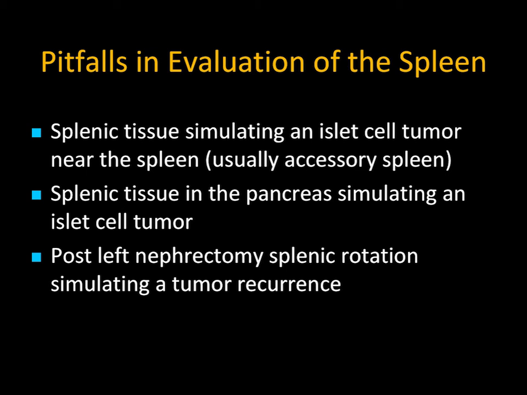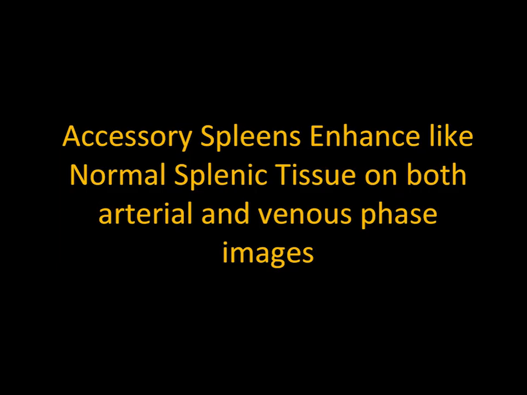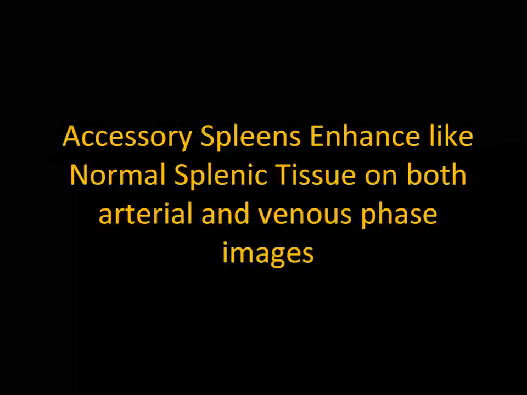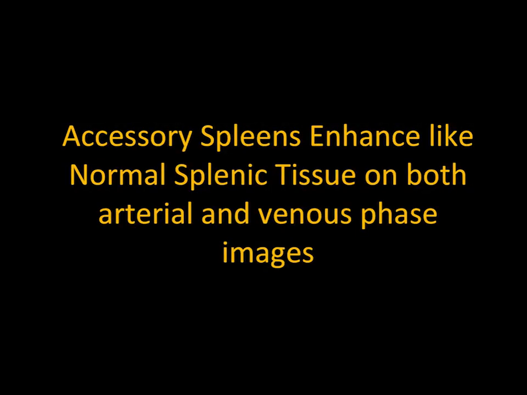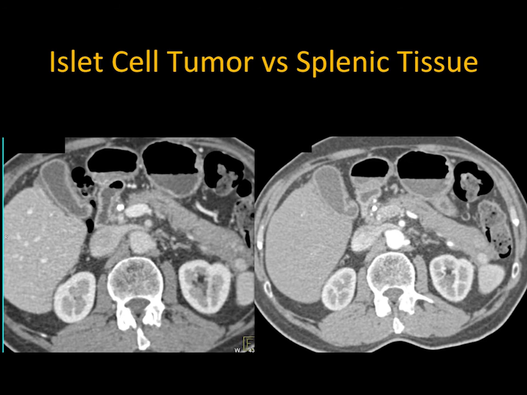But sometimes you see accessory spleens in the pelvis, on the omentum, in the right lower quadrant. Again, it can simulate things in the pancreatic tail. There's a number of different findings. But again, we follow the rule, accessory spleens enhance like normal splenic tissue on arterial and venous phase imaging.